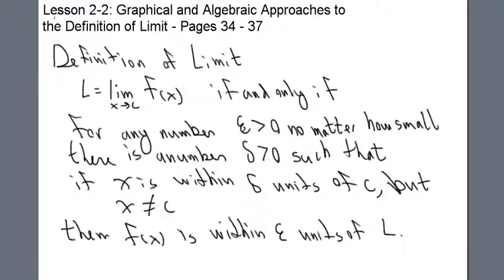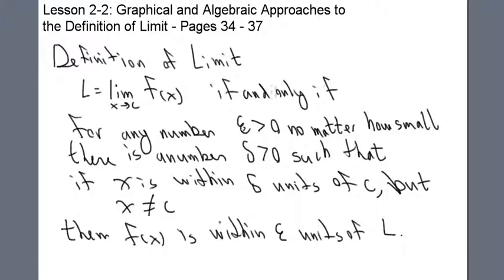Now, it's pretty difficult to read the mathematical definition sometimes, so let's just take a look at this line by line. First of all, the way we read this is it is the limit as x approaches c of f of x.